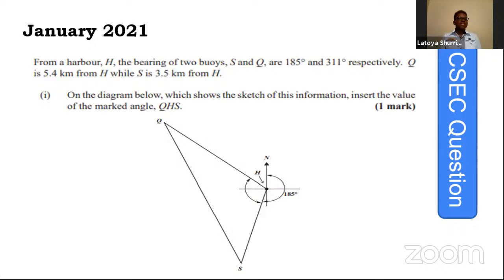We're trying to figure out what's the value of the angle QHS. I'm going to remind you of the question again. It's saying that you are coming from H and the bearing of two buoys, S and Q. So you are coming from H. So look at the question.